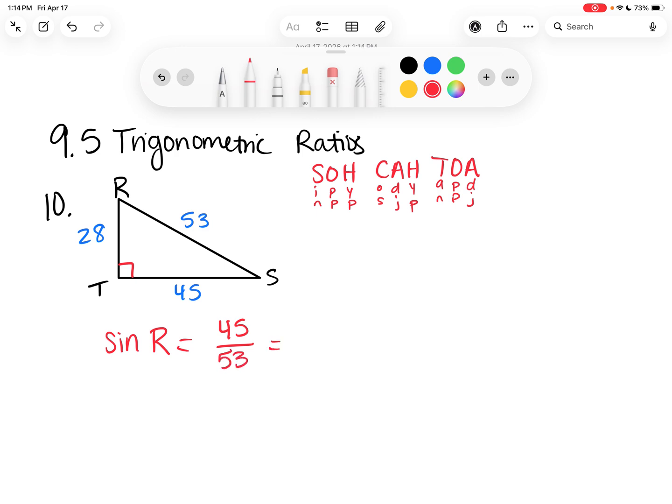And in your calculator, all you have to type is 45 divided by 53, and you're going to round to 4 decimal places. 0.8491.